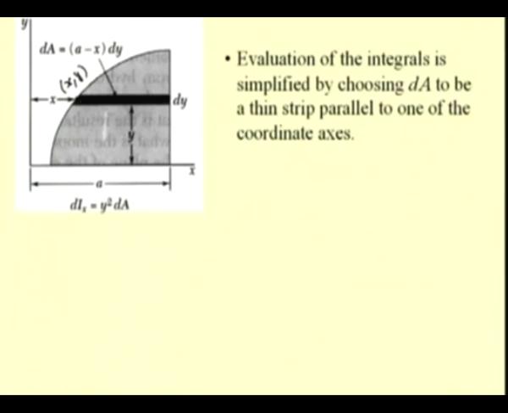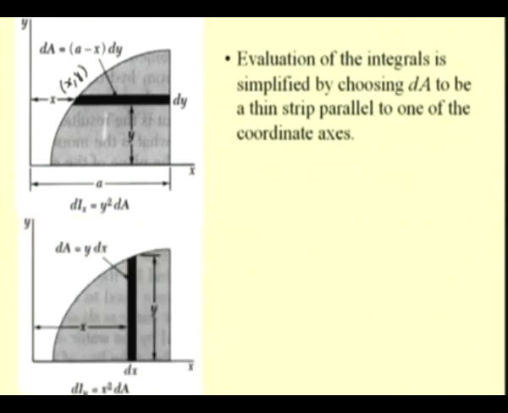Same way you can do the integration by taking a vertical strip also. In this case, this will be helpful to determine the moment of inertia of this area with respect to the y axis.